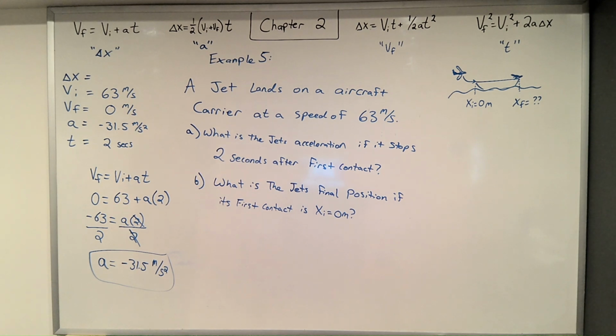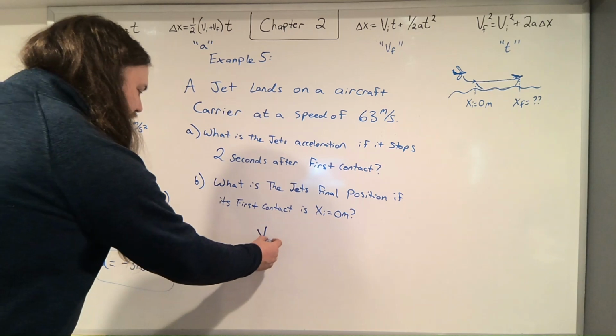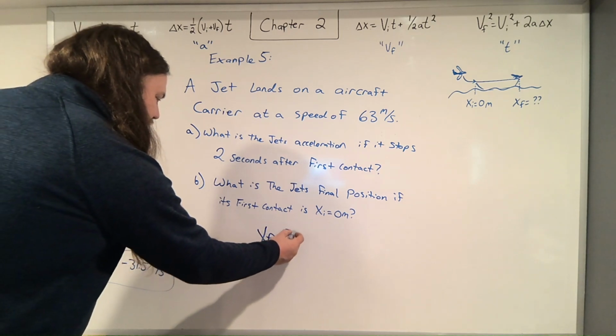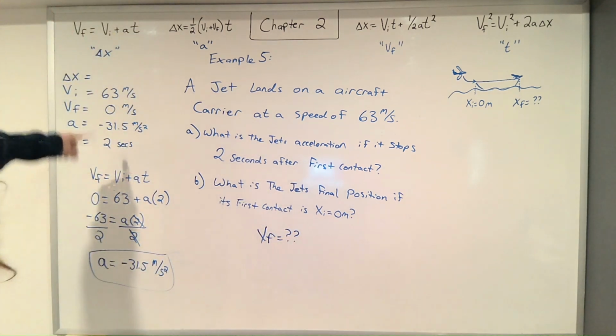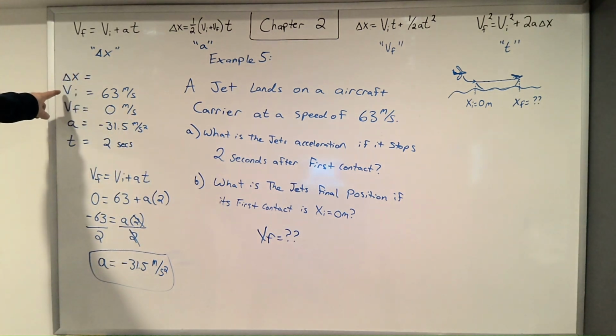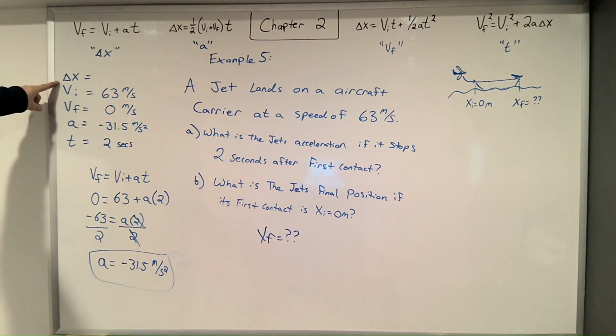Part B. What is the final position if its first contact is xi? Okay, so what it's looking for here now is xf, right? It wants the final position. I don't have an xf here, but I can get xf from delta x.